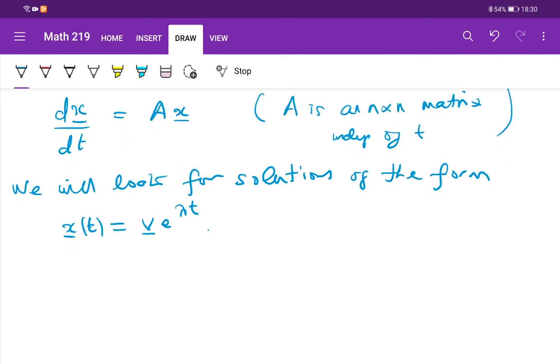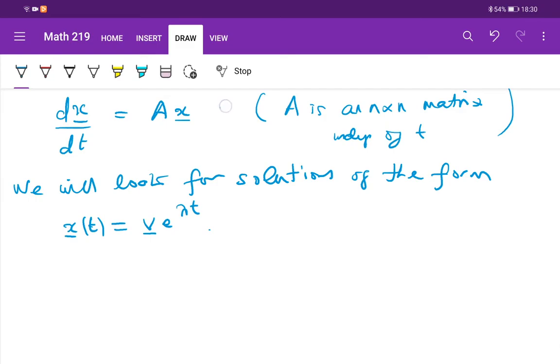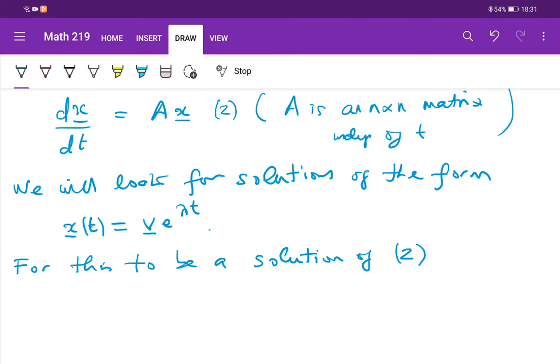So let's call our equation 2. For this to be a solution of 2, what do we need?